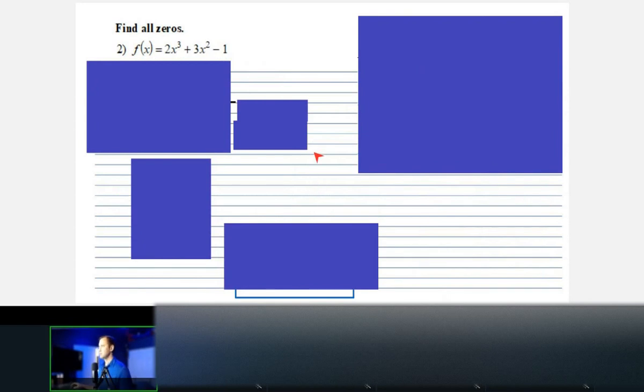All right, let's try this one. Yeah, this one's pretty simple. Let me give you, I think, 2 minutes should be more than enough to find all zeros for this problem.